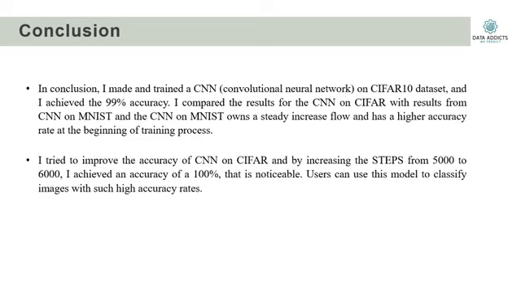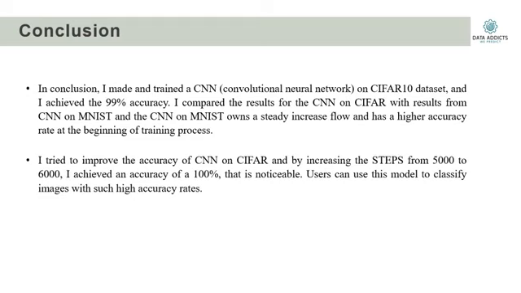But I wanted to improve it, so I changed the step numbers. It was 5,000. I changed it to 6,000, and by doing this modification, I improved my model to achieve 100% accuracy, which is great.